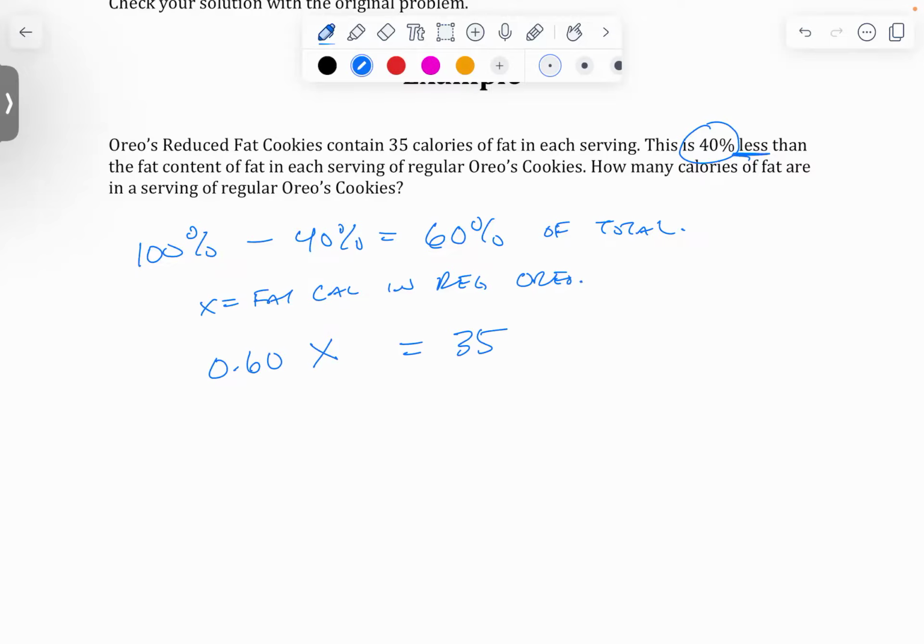So that means we are doing 0.6 times some unknown value equals 35, and then you divide. Percentages, you only subtract when it's percentages among percentages, but when you have percentages and values, it's always going to be multiplication and division.